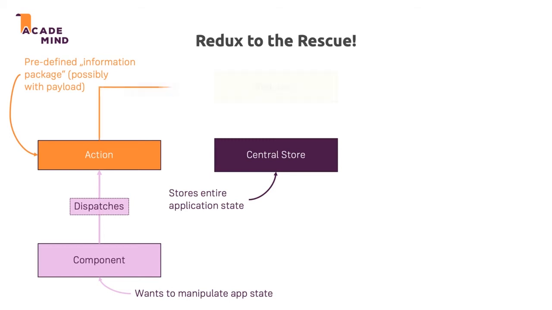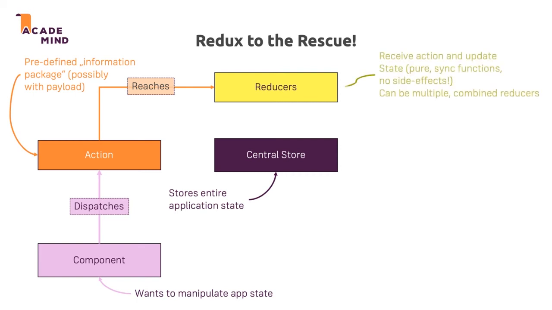This action reaches a so-called reducer, and you will be the one writing that reducer as a developer, so you can control which kind of action a reducer accepts, so which kind of information package your reducer requires. And that reducer then receives the action and derives a new state based on the old state, which then updates this centrally stored state. So the reducer is there to update the state in the end.